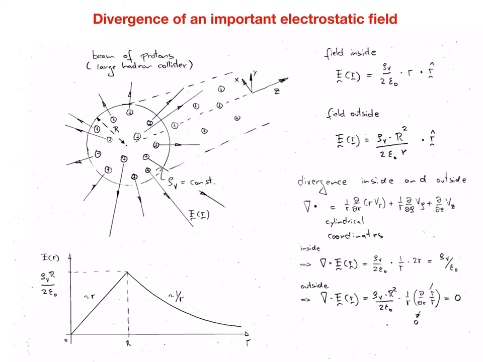In the example here, the protons, positively charged, move in the z direction, and the situation is discussed in cylindrical coordinates. Since the protons move, in this example there is also a circular magnetostatic field that is symmetric with respect to the z-axis. We neglect this field in this discussion.